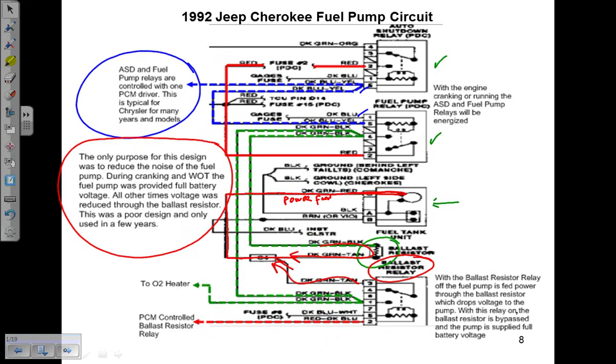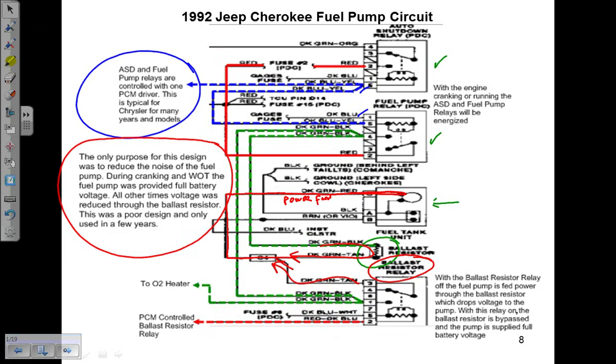And the weird part about it was, well, not really weird, it kind of makes sense. During cranking, would you want to reduce the current flow to a fuel pump? Of course you wouldn't. Your battery voltage is already low, and it's low from the starter, so why would you want to reduce it any further? So we don't want to reduce voltage to the pump during cranking.